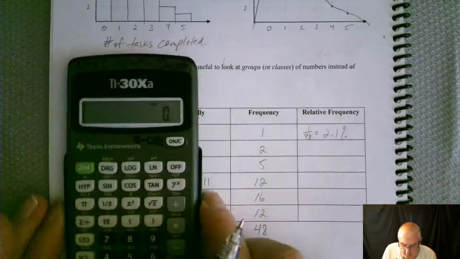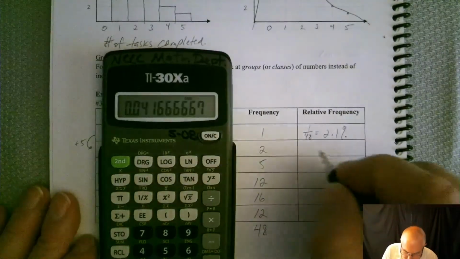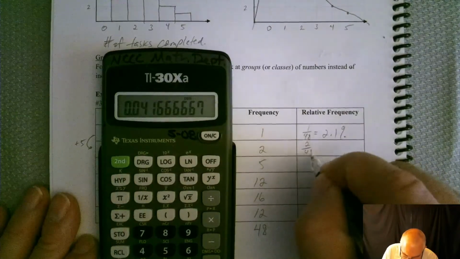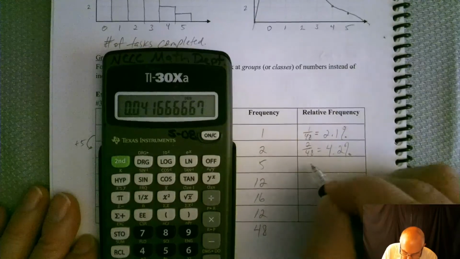All right, and then if we take 2 divided by 48, it should be double, right? So 4.2%.